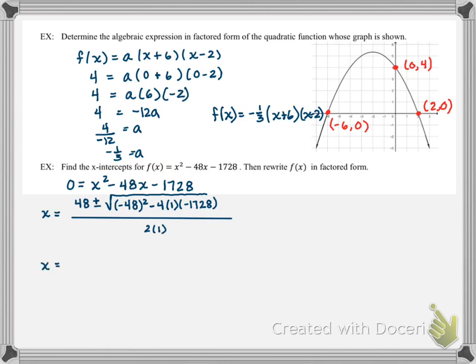So this looks kind of messy, but what do we know about the discriminant? If we're asked to factor it, then that means this polynomial is factorable, right? What does that tell us about the discriminant?